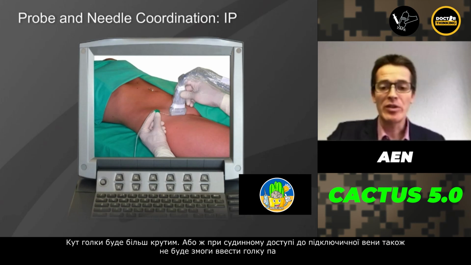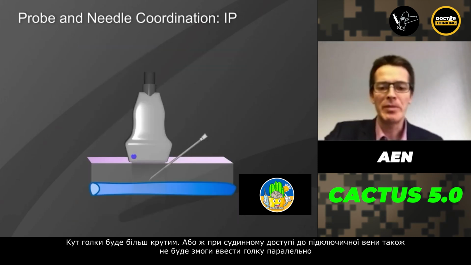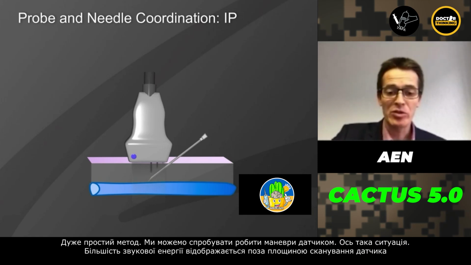So the angle of the needle is a little steeper, or in a vascular axis, here in a subclavian axis, there is no option to have this parallel needle path in relation to the footprint. So what to do? As a very simple method, we can try to work with our probe. This is probe handling again.